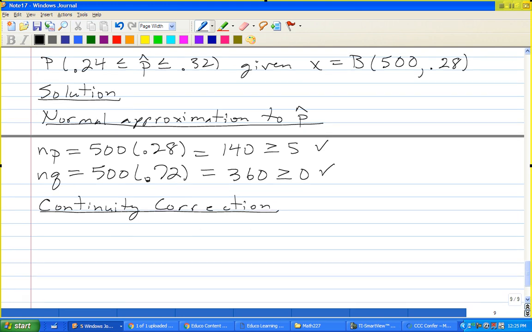So let's do that. So I have here, I'm at 0.24 and 0.32. And there's other stuff besides that.